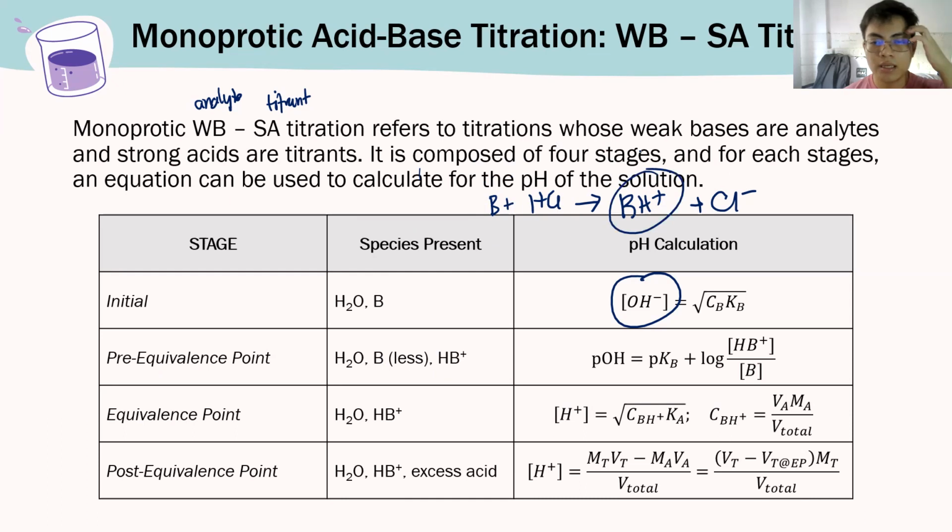And what did we say, when you have a weak base and its conjugate acid, you have a buffer. Just like earlier, you have a buffer again at the pre-equivalence point. So the buffer equation here will be pOH equals pKb plus log conjugate acid over base. Very analogous to pH equals pKa plus log conjugate base over acid.